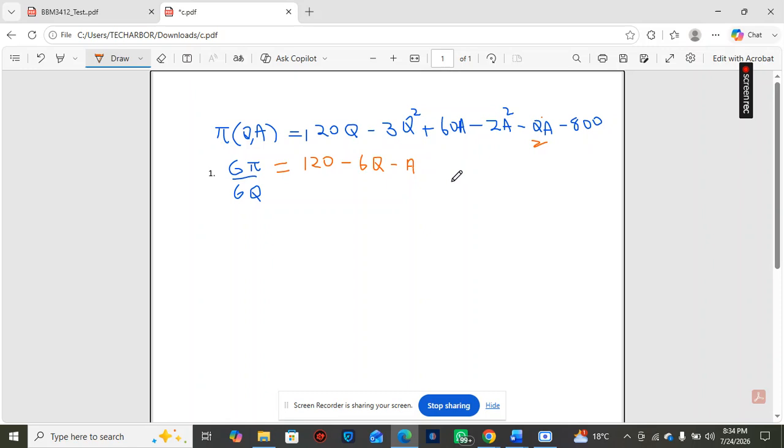Are we okay with our derivatives? All right, so you set this equal to 0.